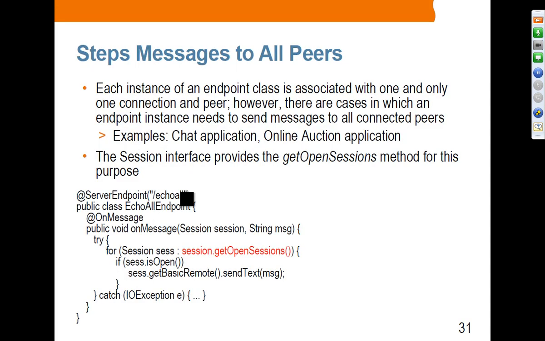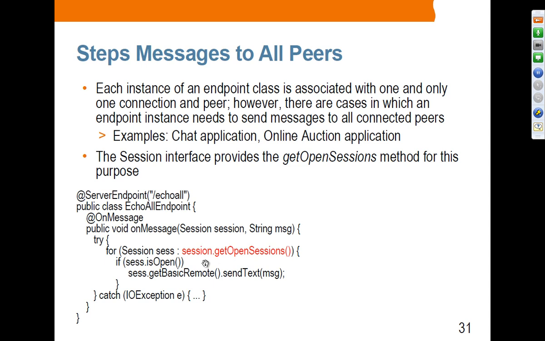So the steps for sending messages to all peers: from the session you can call getOpenSessions. getOpenSessions is going to provide a session for each of those clients. Basically you are going to send the message to all these 50 sessions, meaning all those 50 clients that are represented by each session object.